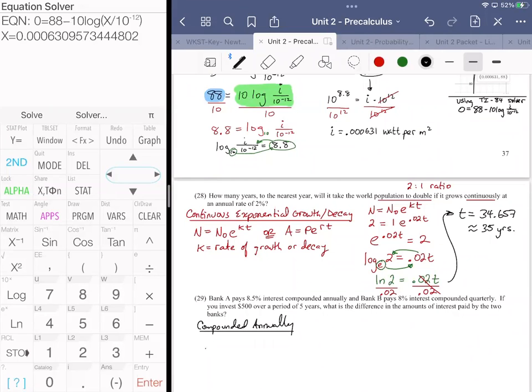So that's A equals P times 1 plus R over N to the NT power. All right, so that's bank A. 8.5%, so R is equal to 0.085. Annually, the N is going to be equal to 1. Right, because annually happens one time a year.